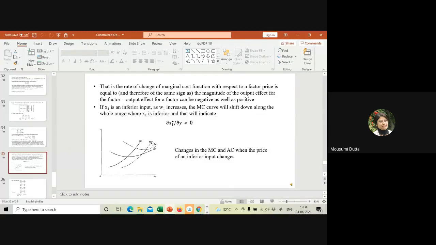When the average cost curve is rising, the marginal cost curve may fall like this. Though average cost is rising, MC is falling. This can be the context. This possibility is also there.